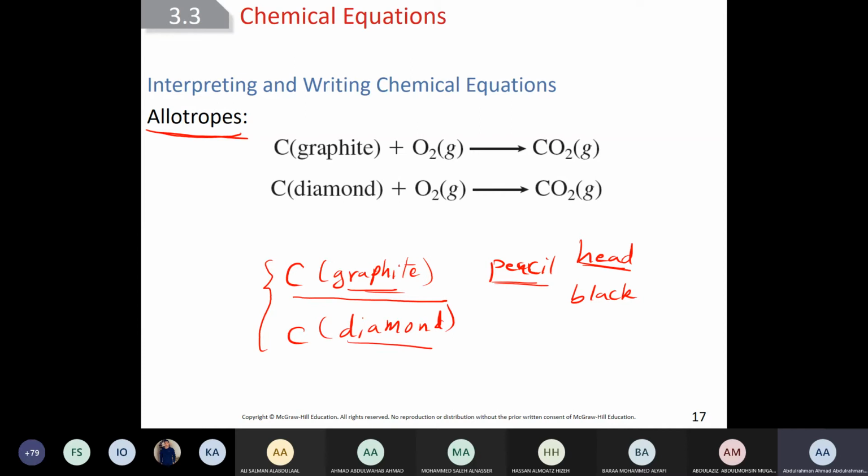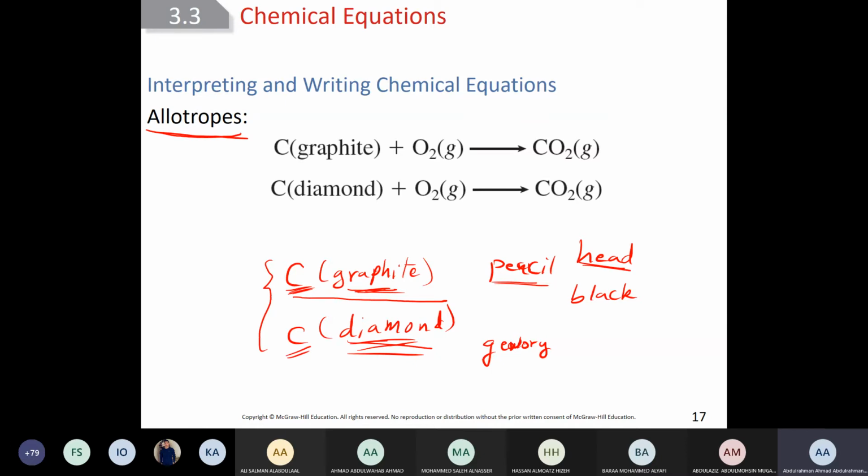Do you know what diamond is? Expensive jewelry. See, it's consisting only of carbon. Graphite, what we write with, is just carbon, and also diamond consists of only carbon atoms.